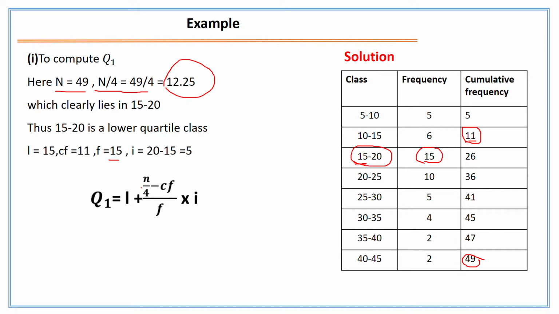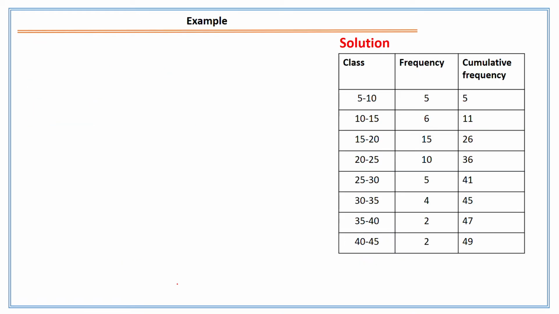Q1 is L plus n by 4 minus Cf upon F into I. L is 15, n by 4 is 12.25, this minus 11 divided by 15 into 5. So my Q1 is 15.417.